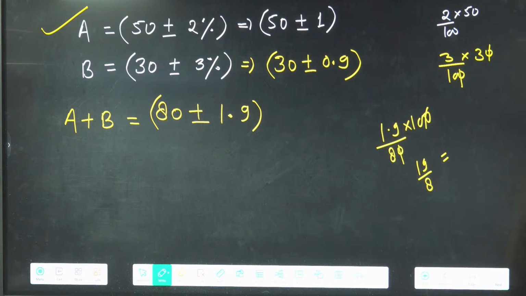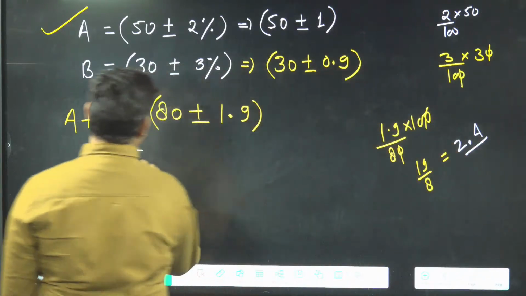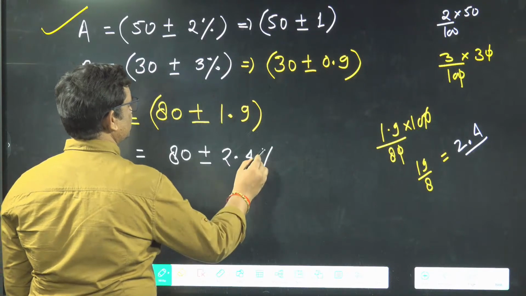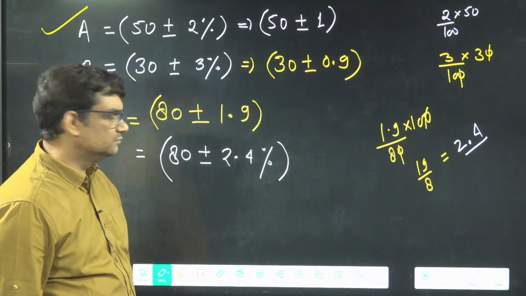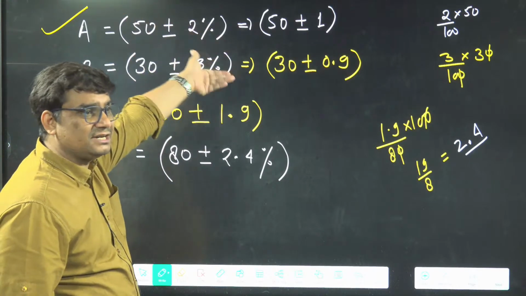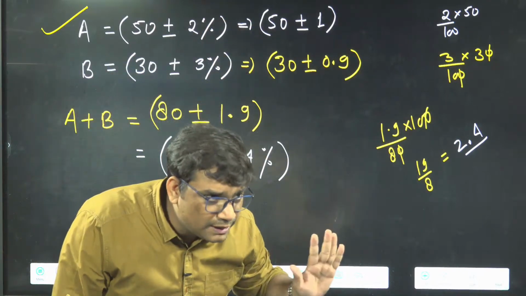Roughly, 8 into 2 is 16, then 3 will be there, so roughly 2.4. So this becomes 80 plus minus 2.4%. Is it clear? Because the question is given in percentage, you have to express the answer also in percentage.